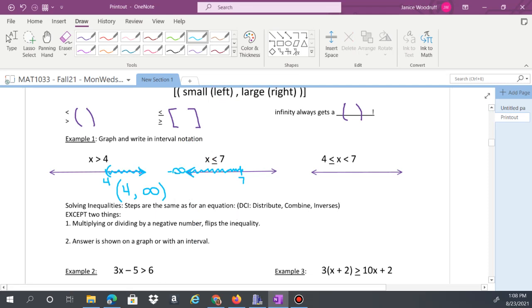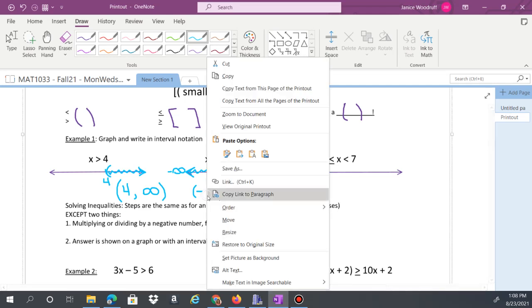So for interval notation, my smallest number, my leftmost number, is negative infinity, so I will go parentheses, negative infinity.